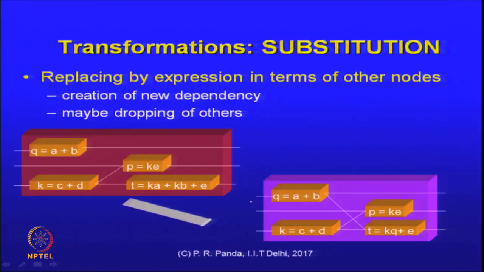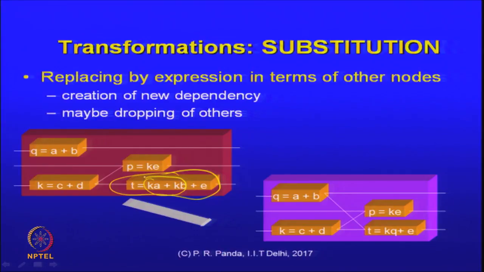Substitution would be replacing an expression in terms of other nodes. What we have here is, I have A plus, so this part of it is the same, but doing a factorization, we realized that the A plus B is actually common.